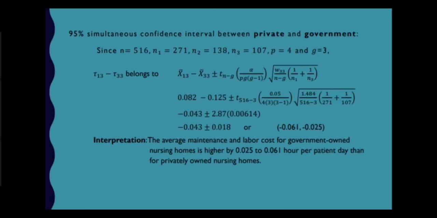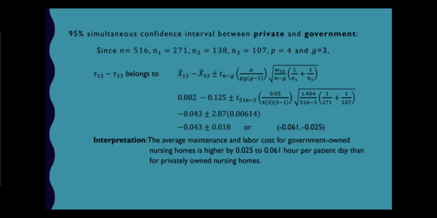Okay, so we apply the formula. These two tadi, 0.082 minus 0.125. We can find this from the mean vector tadi. Okay, plus minus t. Okay, 516 adalah total sample from the 3 populations, minus dengan 3, which is we have 3 populations tadi, private, non-profit and government ataupun 3 treatments.